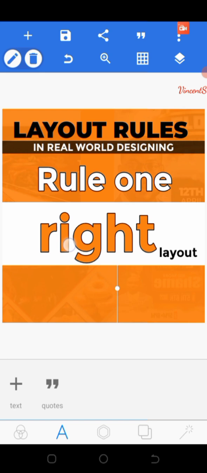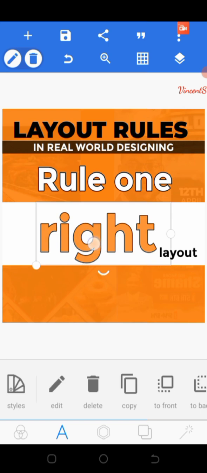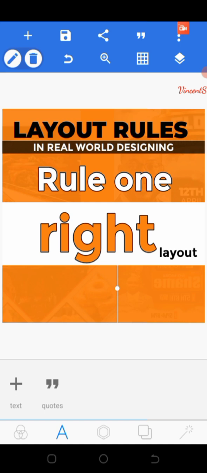We have the right layout, as you can see here. Rule 1, right layout. What is this? How does this look like in real world designing a layout rule?